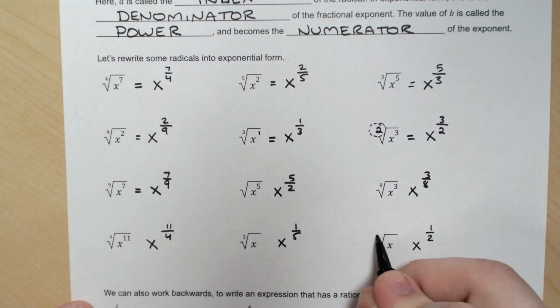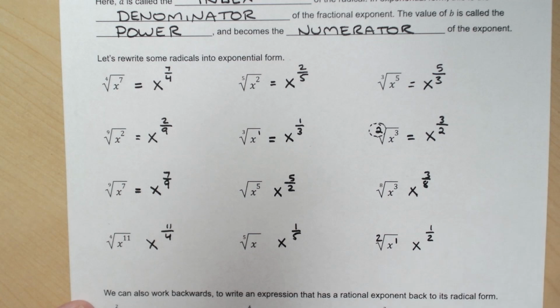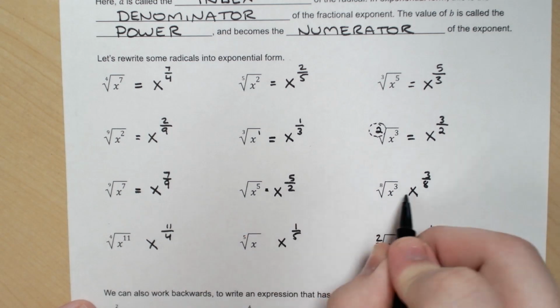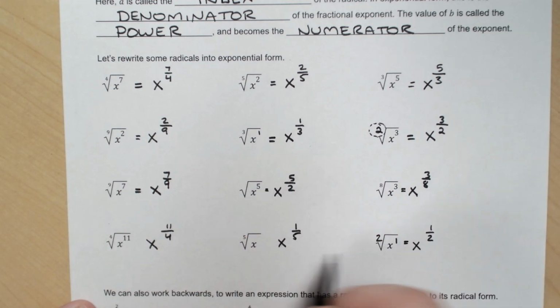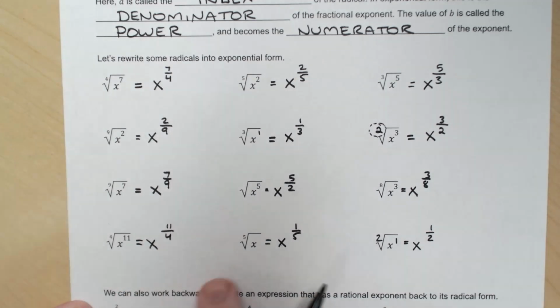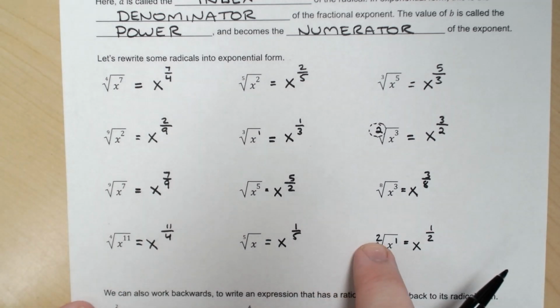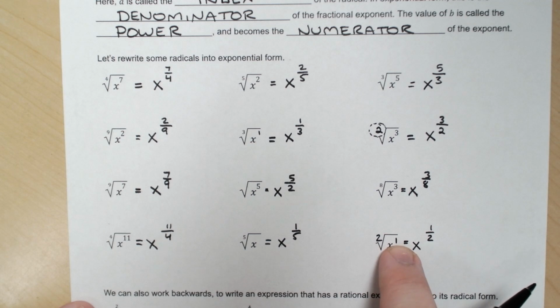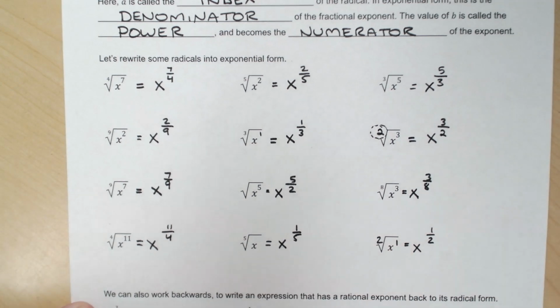Because there's an understood index of 2 here, an understood exponent of 1 there, the square root of x is the same thing as x to the 1/2 power. So as long as you can put that little number in the corner, the index on the bottom, and the exponent on the inside on the top, you're good.